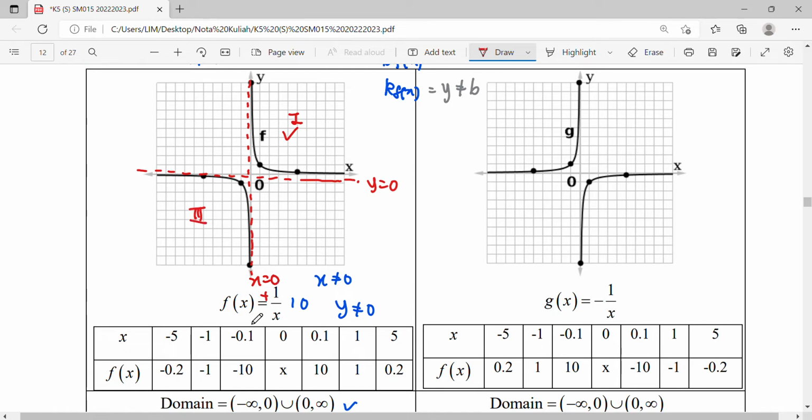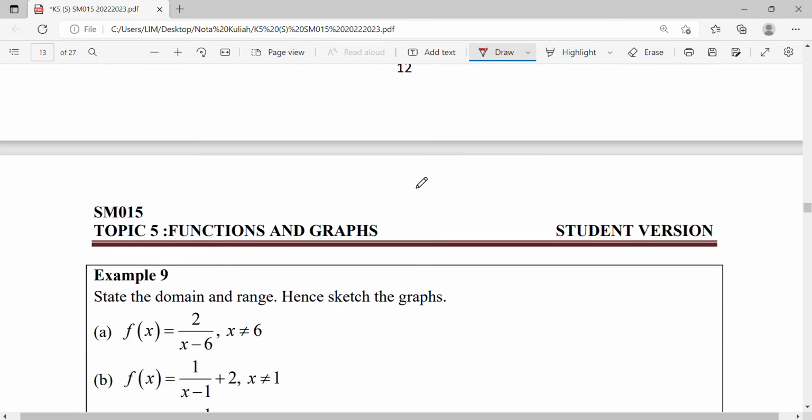If your rational is negative, your graph will be drawn in quadrant 2 and quadrant 4. So this is how we figure out our rational graph.